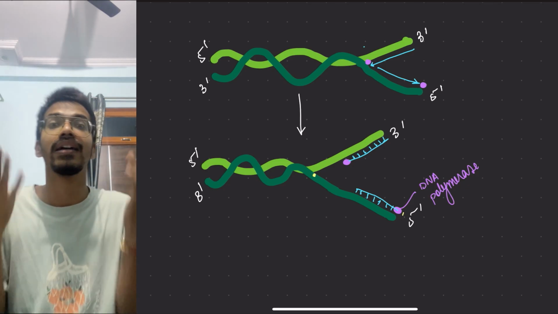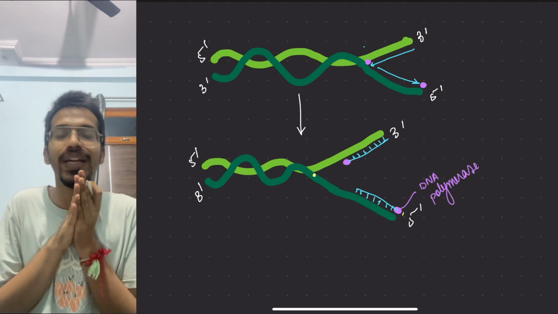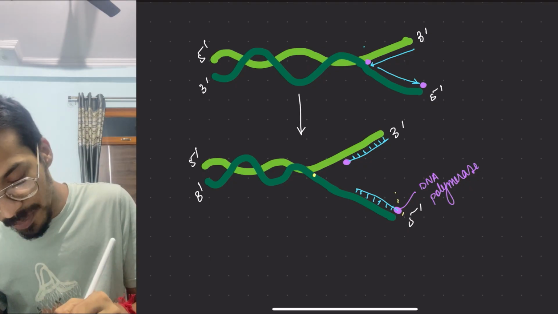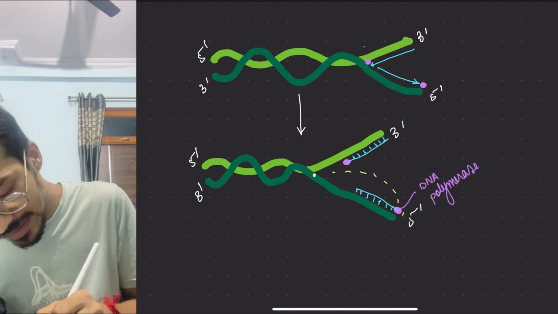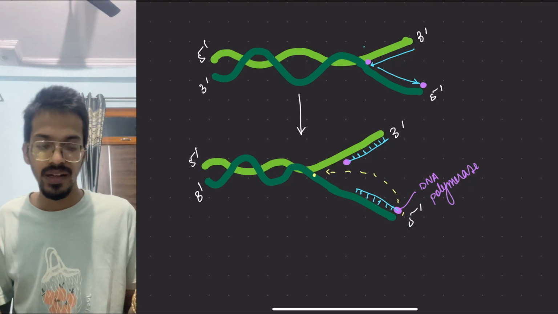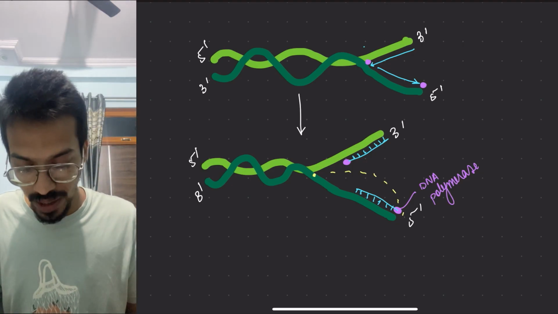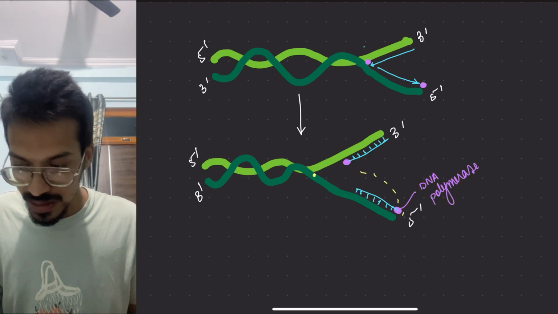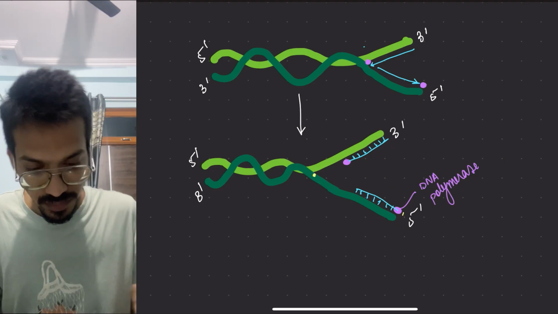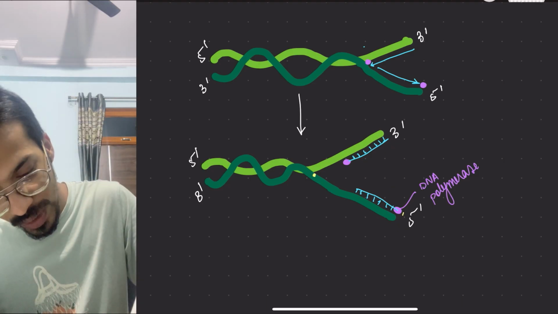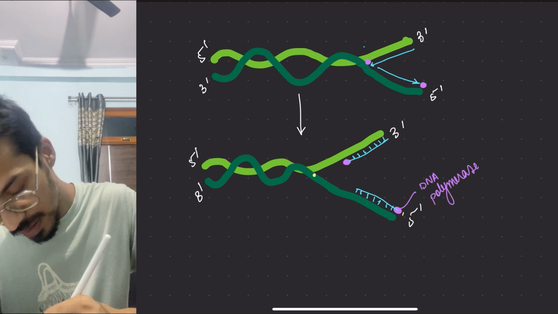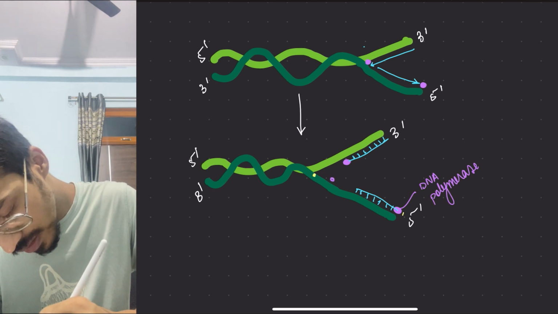Then it gets confused, like, oh dude, what am I doing. So it goes back, traces back, reaches this point, and again starts the process. This will again go back and start the process.